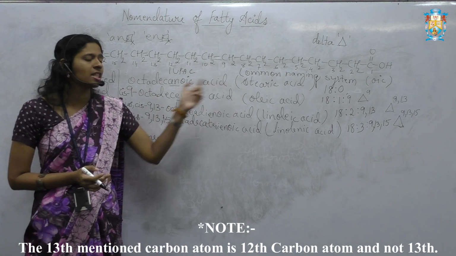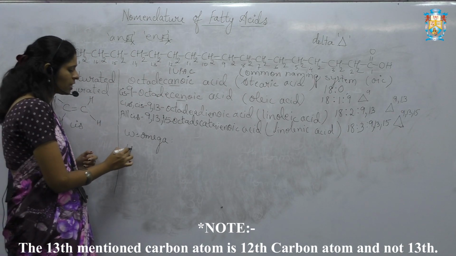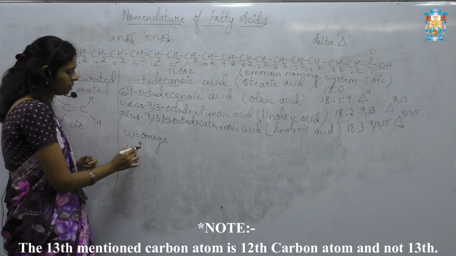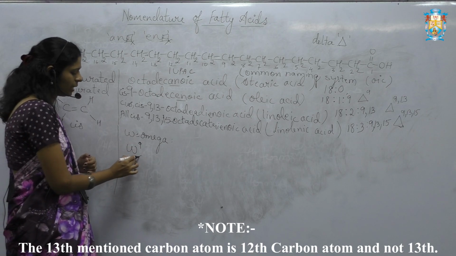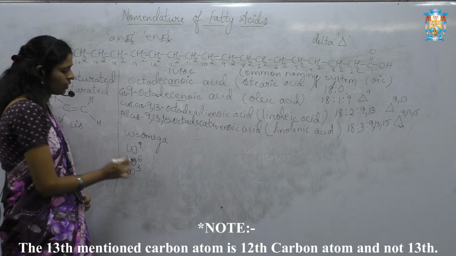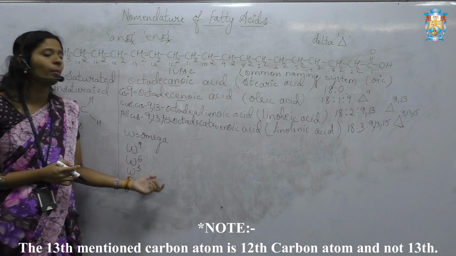So the first fatty acid doesn't contain any double bond. The second fatty acid will be named as omega 9, the third fatty acid will be named as omega 6, and the fourth fatty acid will be named as omega 3. Now how am I naming it as omega 6, omega 9 and omega 3?